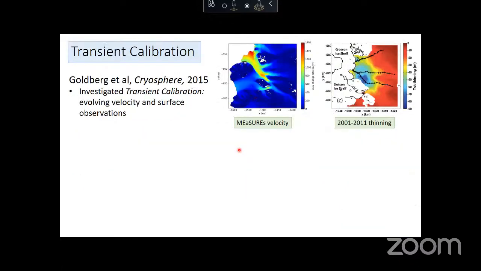So as I said, there's this notion of snapshot calibration, just taking in observed velocities. And what I thought was, what if we could also incorporate somehow the thinning trend of an ice sheet into its calibration? What impact would that have? And would it look any more reasonable?